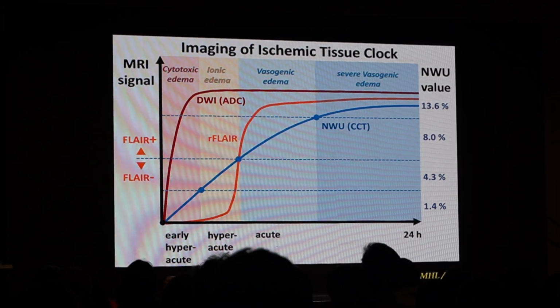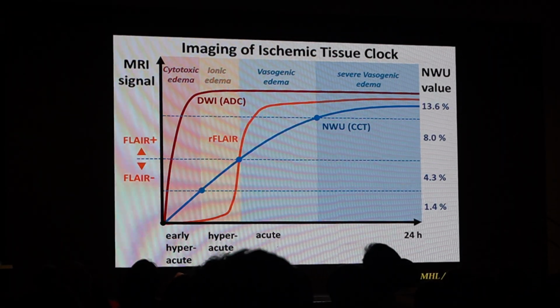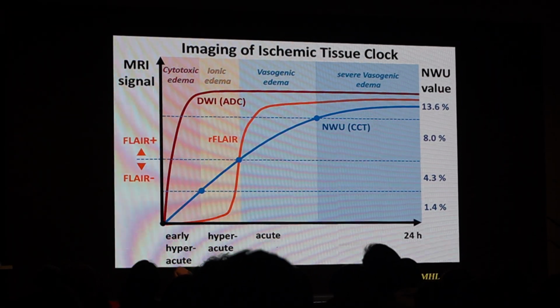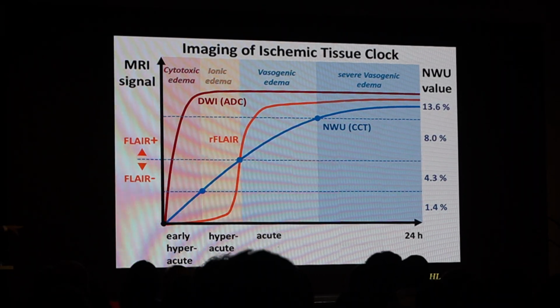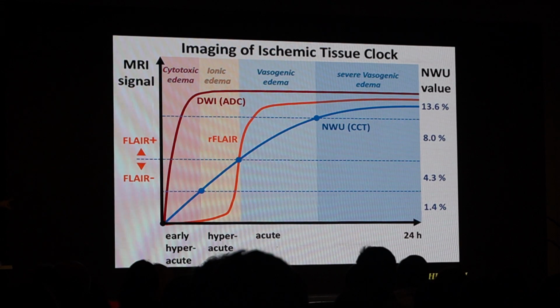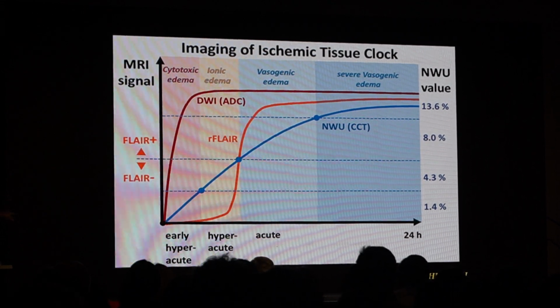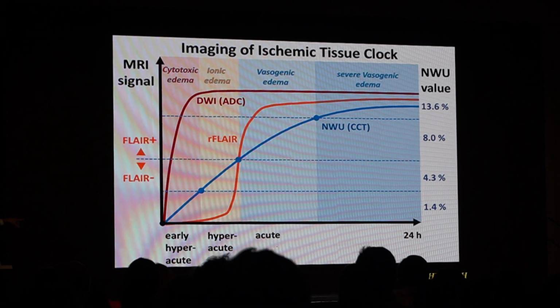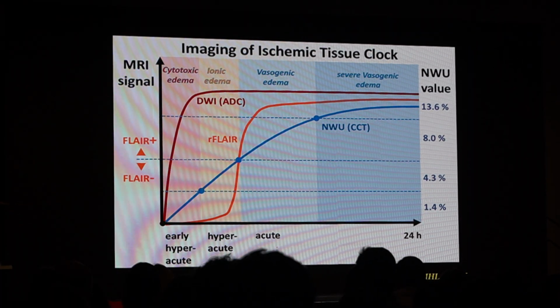So we can actually quantify the ischemic hypodensity. You can see the net water uptake starts to be visible even when only the diffusion is positive, and it predates the FLAIR. Both the diffusion and FLAIR are all or nothing.